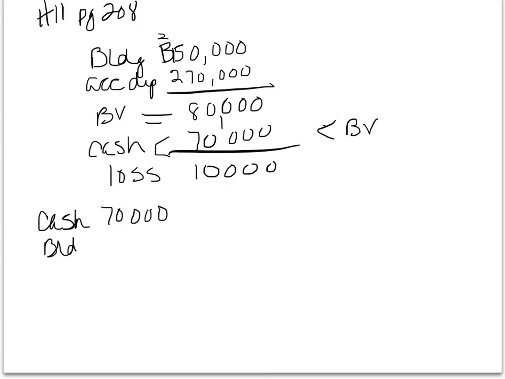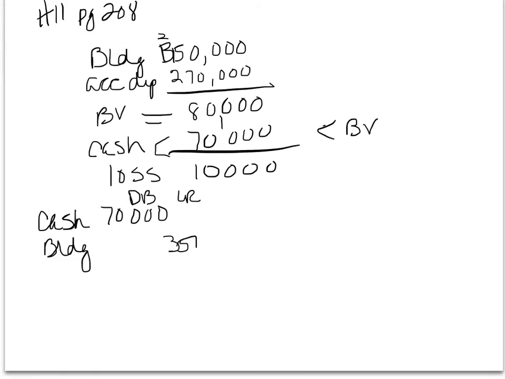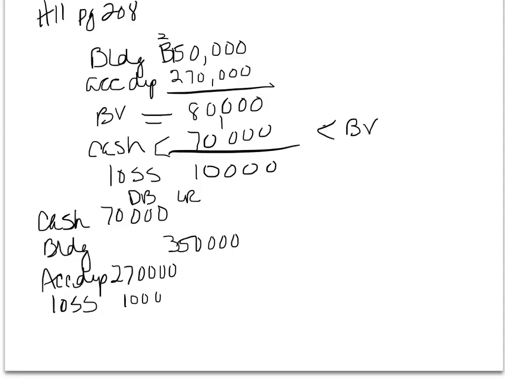So the recording of this transaction would be cash $70,000. The building would then be credited $350,000. We also know we need to get rid of the accumulated depreciation for $270,000, and then we would show the loss on the disposal of $10,000.